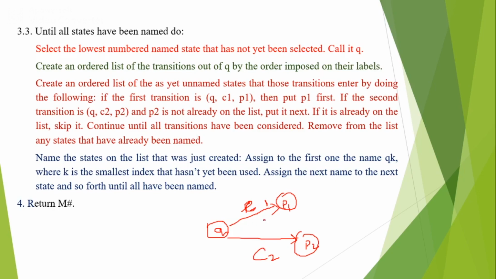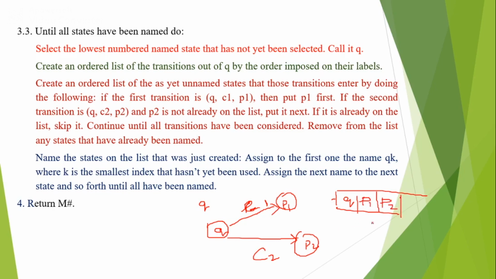So Q is the lowest-numbered state I'm going to consider, and Q on C1 goes to P1. Next, you put Q in the list, then P1 in the list. Since Q has one more transition, put P2 later.